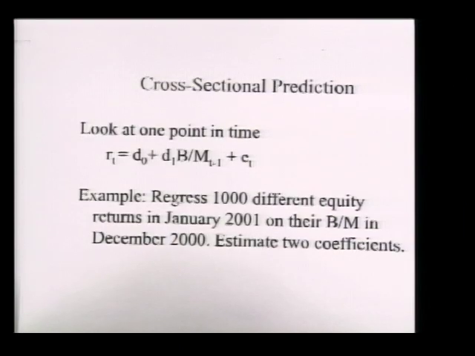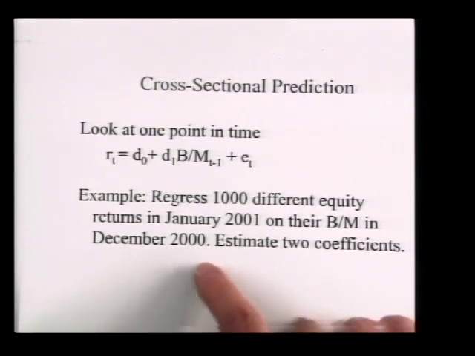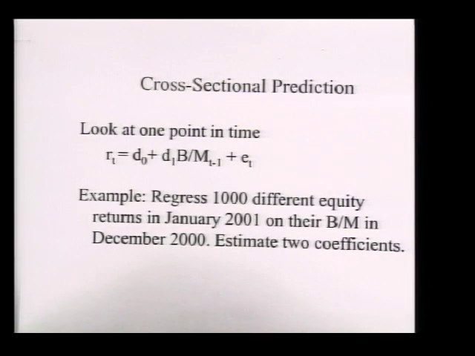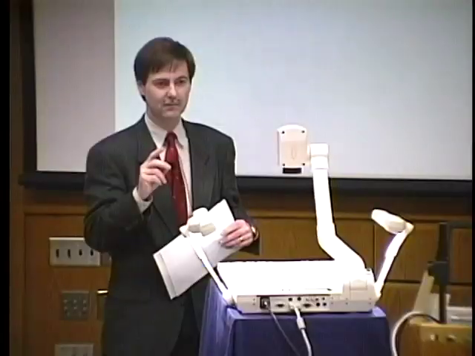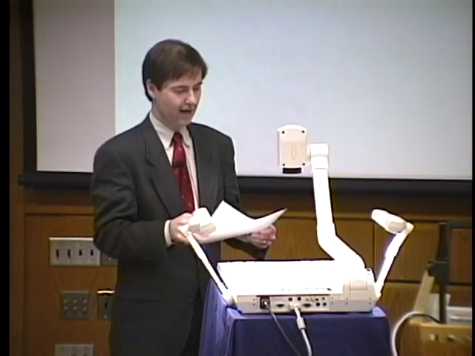Cross-sectional prediction, just as I said: take January 2000 returns, regressed against book to market in December 2000. Estimate 2 coefficients, the D0 and the D1. And then let's use this to predict February 2001.